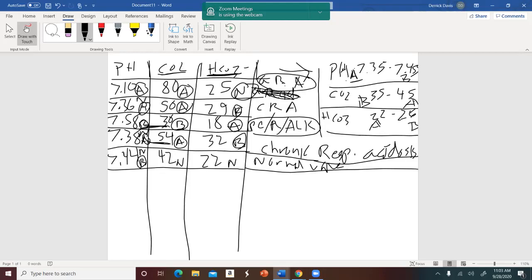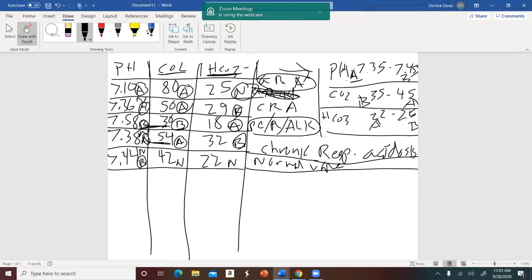So when you see a normal blood gas on a patient that's working hard to breathe, I'll repeat that again. When you see a normal blood gas on a patient that's working hard to breathe, then that's a sign that they're going into fatigue. In other words, their respiratory muscles, their diaphragm, their external intercostals, and then maybe accessory muscles are starting to fatigue and tire out. So now they're not hyperventilating anymore. In fact, now they're tiring out.